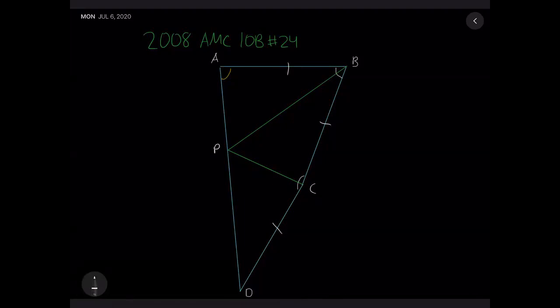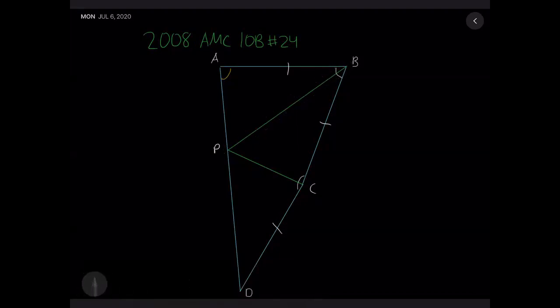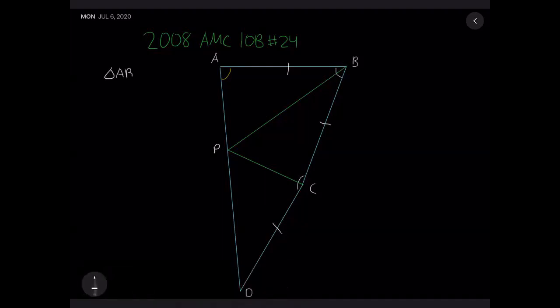So we notice that angles APB and CPB are congruent. This is because they share a side, and they share these two sides, they're congruent, and they share the angles because it's an angle bisector. So therefore, triangle ABP is congruent to triangle CBP.